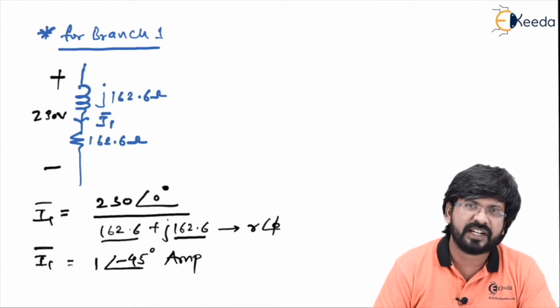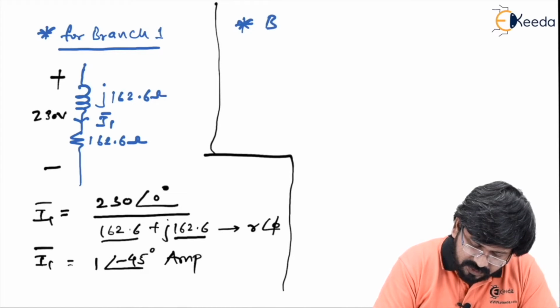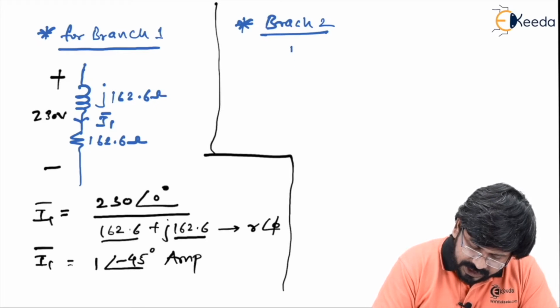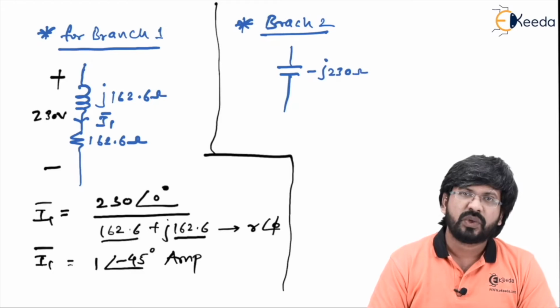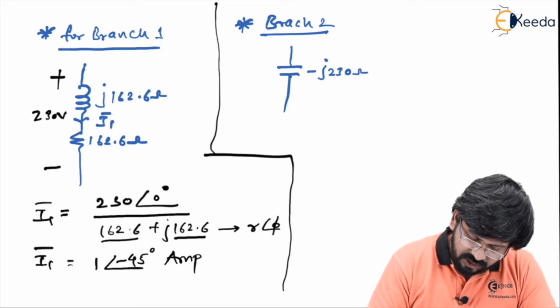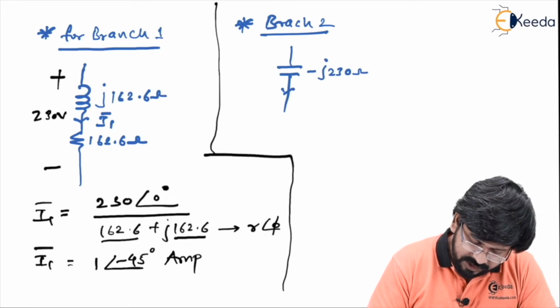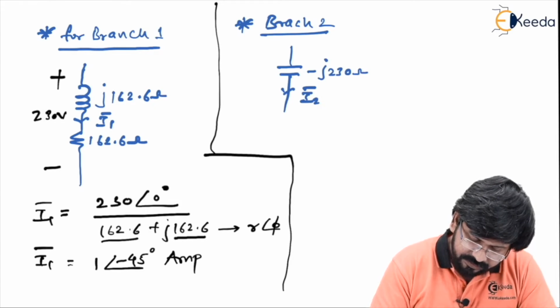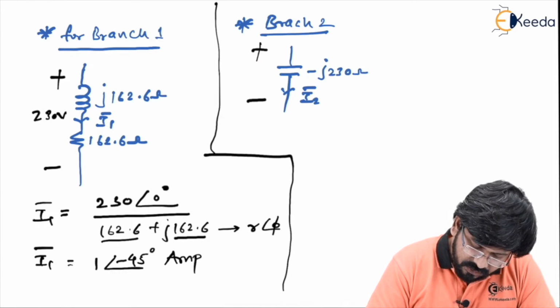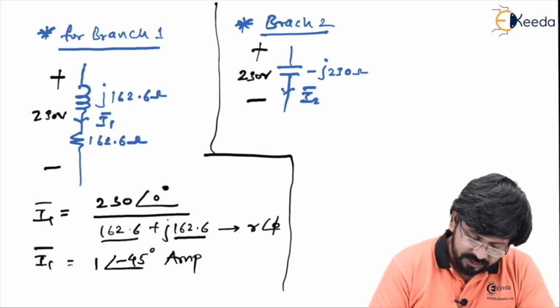Let's see what happens at branch 2 also. If you observe branch 2 in the question, it is only a capacitor having minus j 230 ohms as its reactance, and this is the I2 vector, across which of course 230 volt is given.